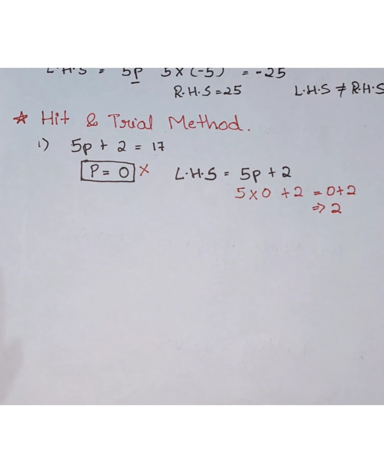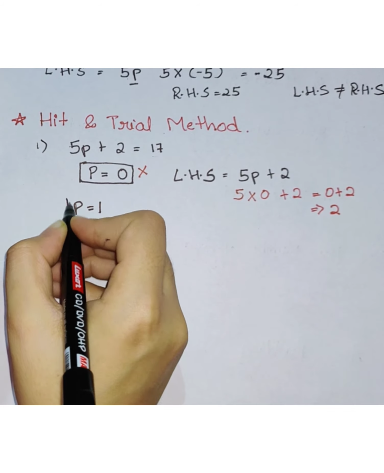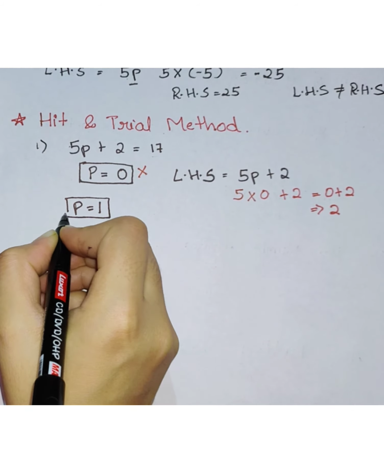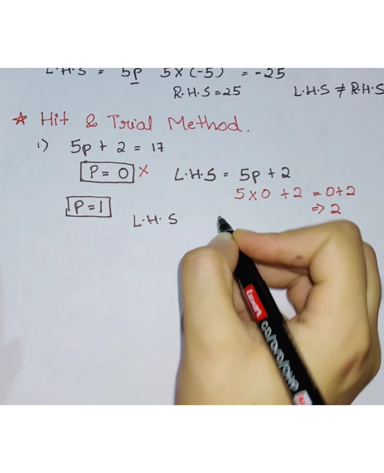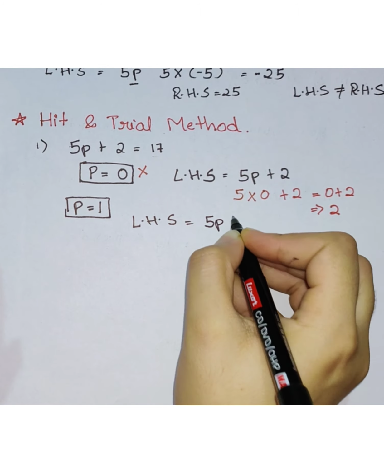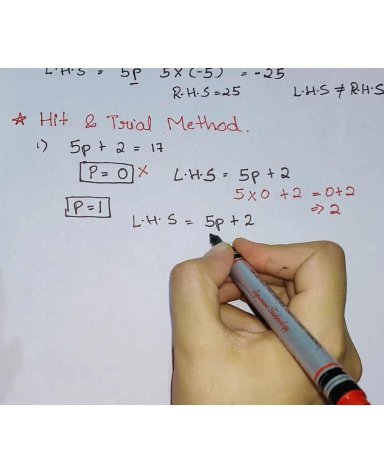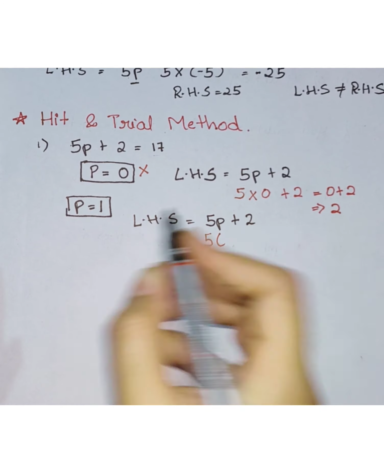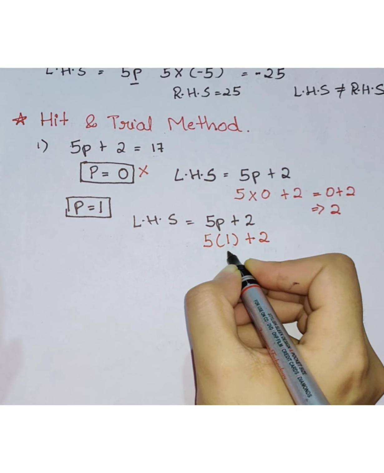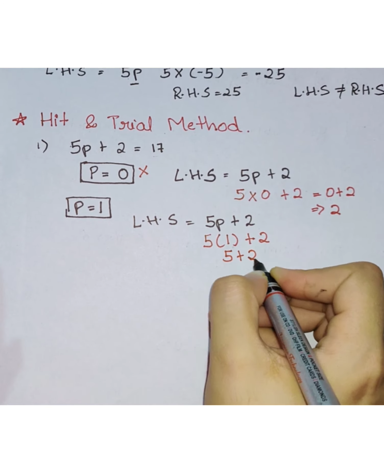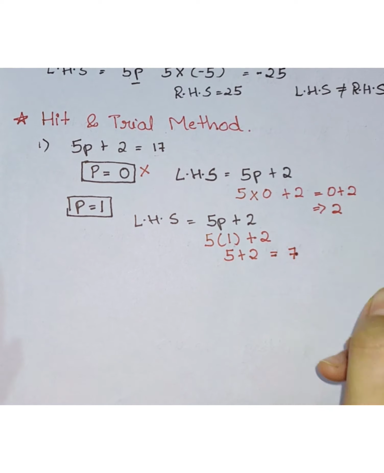Next we'll take p is equal to 1. So the left hand side is 5p plus 2. In place of p we'll put 1, so 5 into 1 plus 2. 5 ones are 5, plus 2 is equal to 7. But our right hand side is 17.